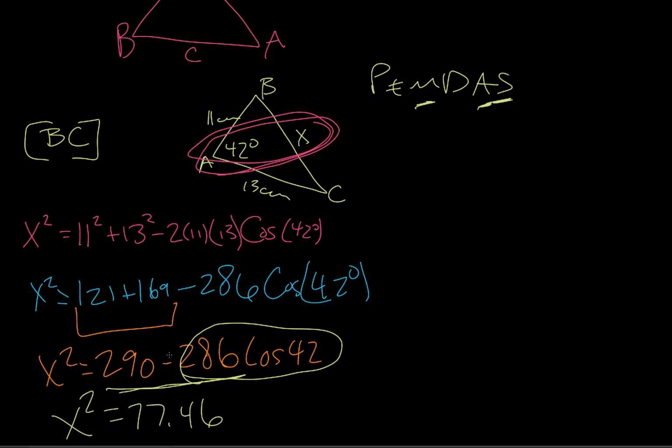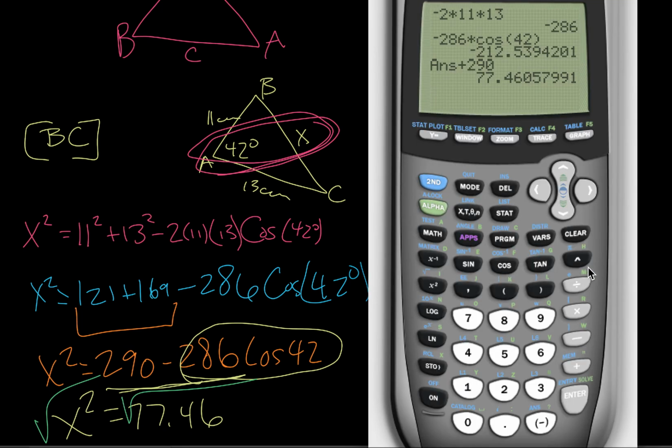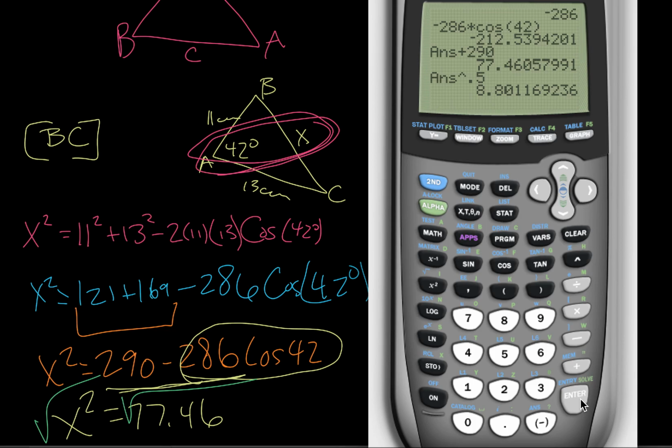And then we need to just finish the algebra on that, and we're going to square root both sides. So we can actually just raise our answer to the 0.5, because remember, an exponent of 1/2 is the same as square rooting something. And so we have, how many decimals did it say?